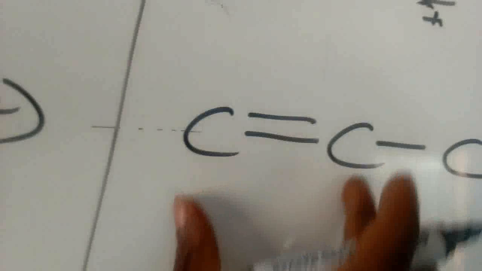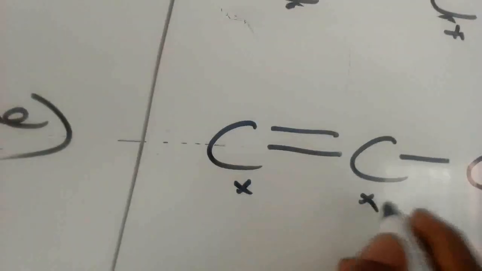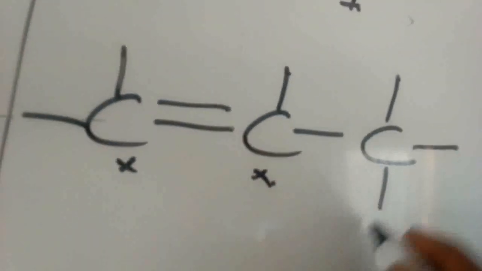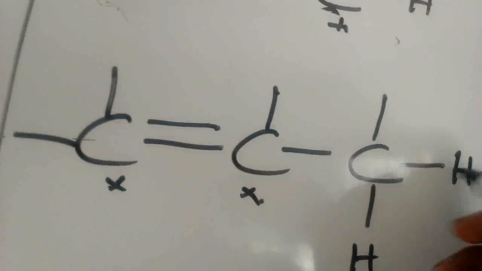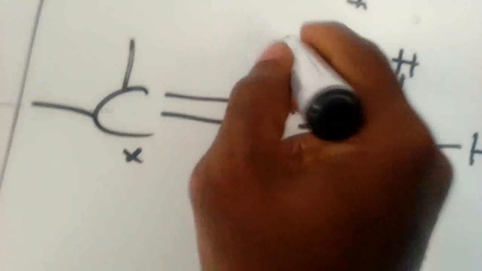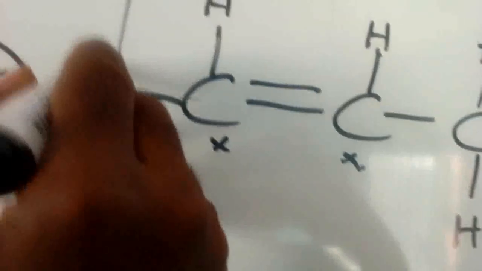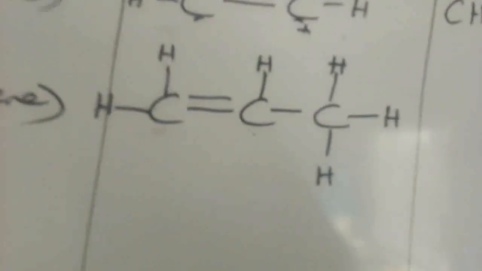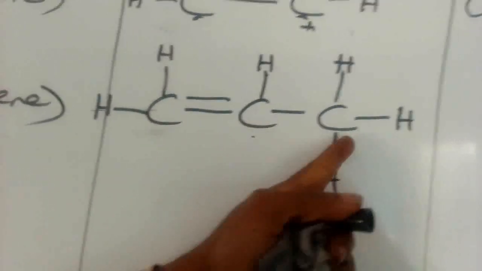So let me put it here. This place has a double bond. You take away two hydrogen atoms and fill any other vacancy with hydrogen. See the way I did it? So H, hydrogen, H. Remove these two. When you have done that, this propene, if you count the carbon, there are 3 in number. Count the hydrogen, there are 6 in number.